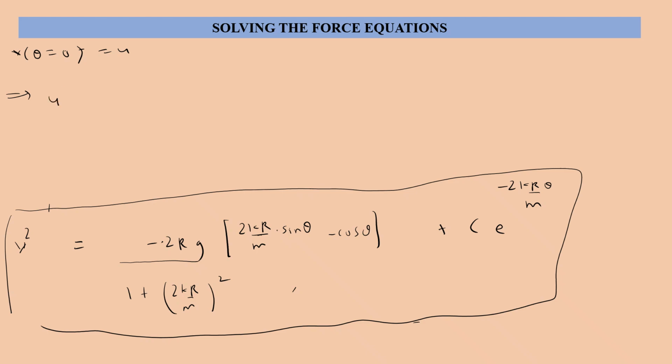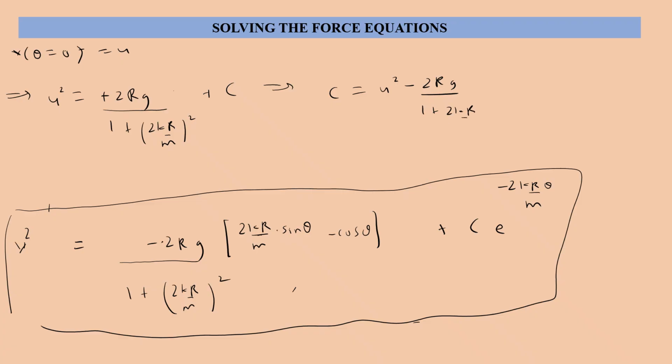Therefore, we get u square is negative 2rg, actually 2rg, over 1 plus square of 2kr upon m, plus c. This implies c is u square minus 2rg over 1 plus 2kr upon m whole square.